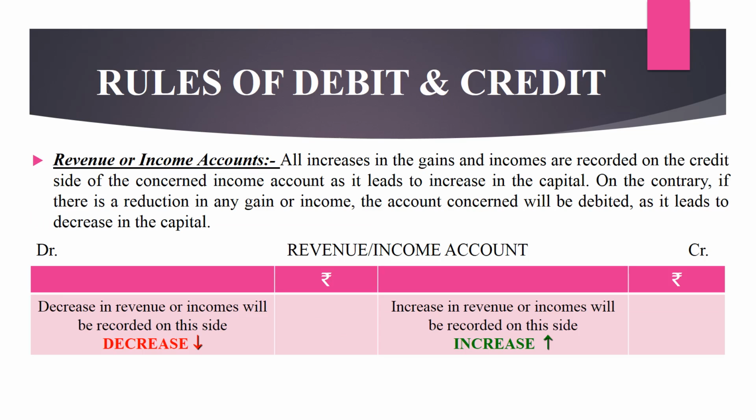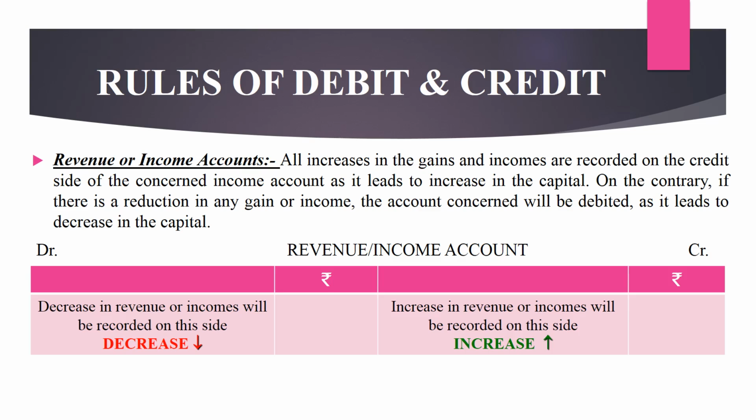Okay, now next rule for revenue or income account. So all increase in the gains and income are recorded on the credit side of the concerned income account as it leads to increase in the capital. Whereas if there is a decrease or reduction in any gain or income, the account concerned will be debited because it leads to decrease in the capital.